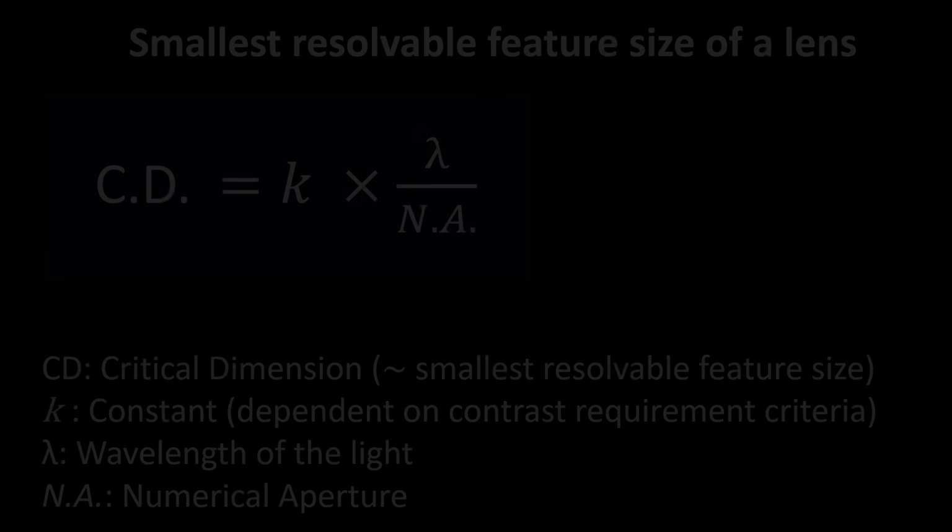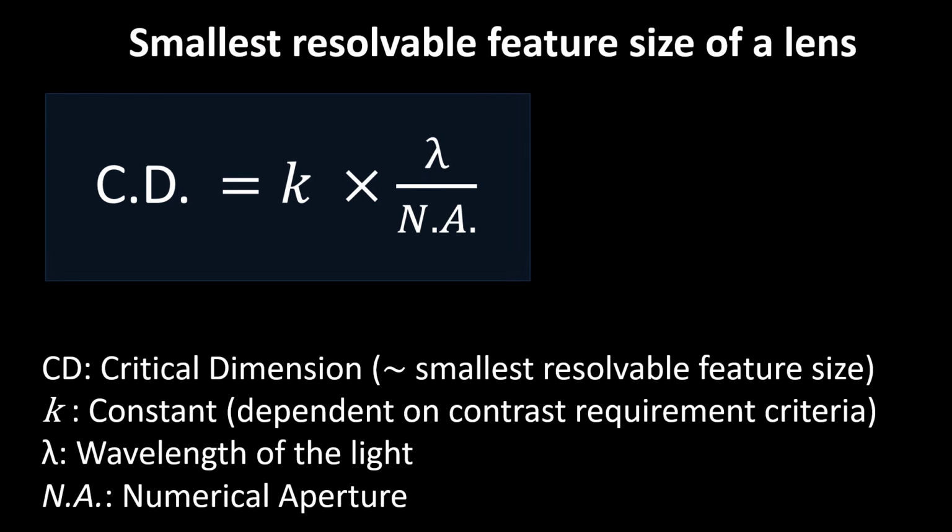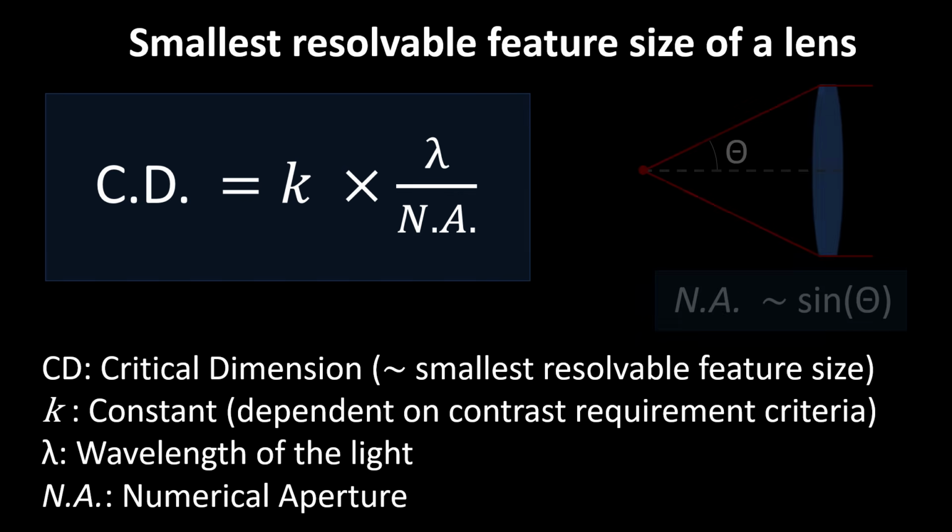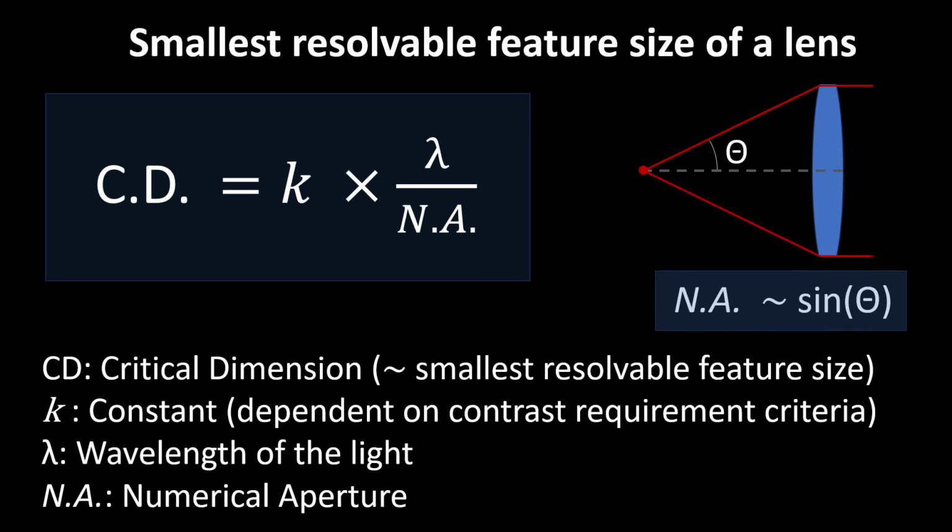If you keep this view in mind, it's very easy to understand the general formula that describes the maximum sharpness of a lens system. In this formula, CD stands for critical dimension, which is basically equivalent to the dimension of the smallest features that can be resolved. The critical dimension is equal to a constant times the wavelength divided by the numerical aperture. And the numerical aperture is in this case proportional to the sine of the opening angle of the lens, so theta.